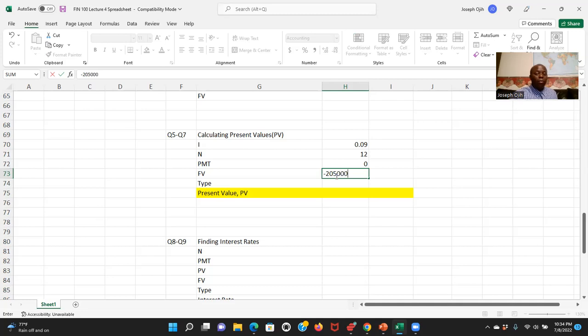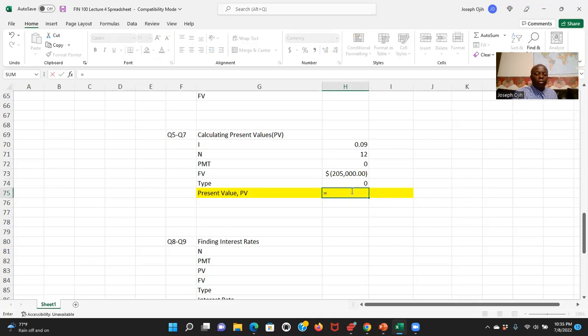Again, remember, only if you're using Excel that you need to show the direction of the cash flow. If you're using the formula method or tabular method, you don't have to. Type, when you receive at the end of the period, so you give 0. Now let's calculate it.